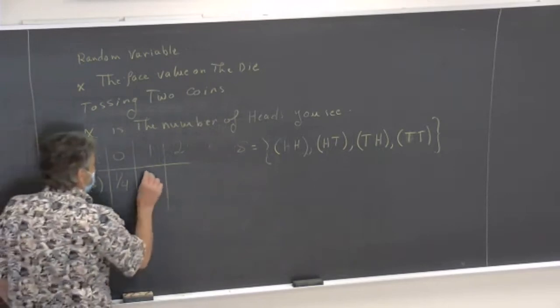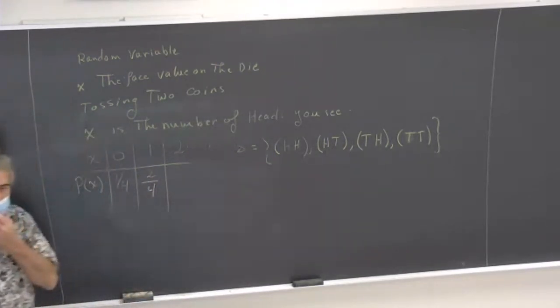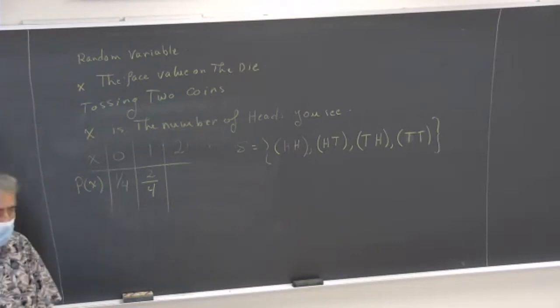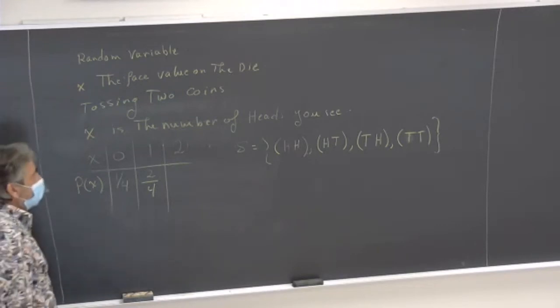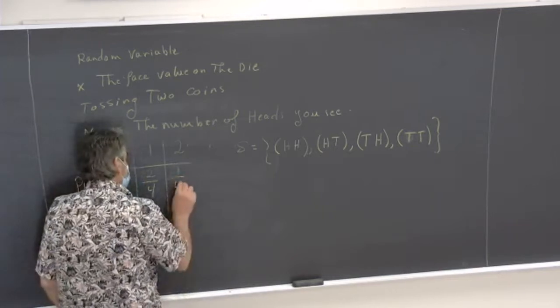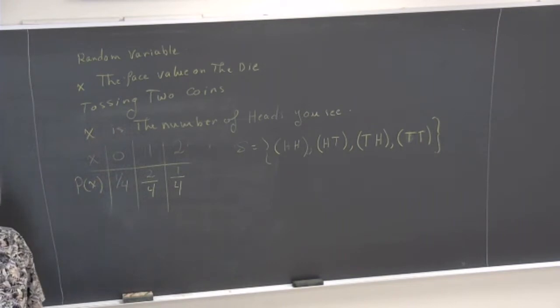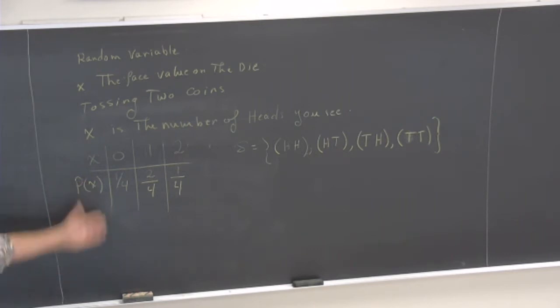So in this case, the probability of getting one head is 2/4. Now, what's the probability of getting two heads? 1/4. So now, the probability distribution for tossing a coin and determining how many heads you have is that.